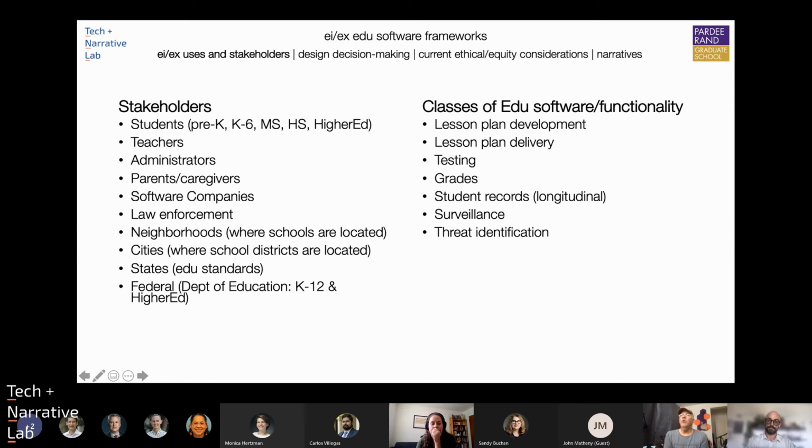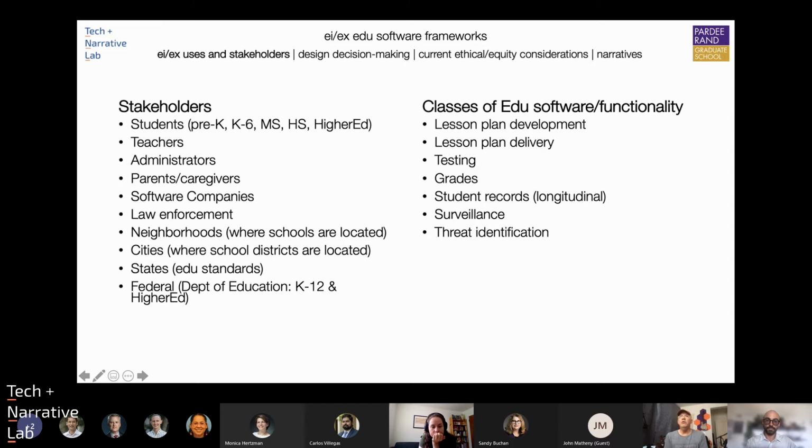So as we look at this, we tried to dig into a couple of things. One is there are a lot of stakeholders in this, and it goes far beyond just the relationship between the teacher and the student.